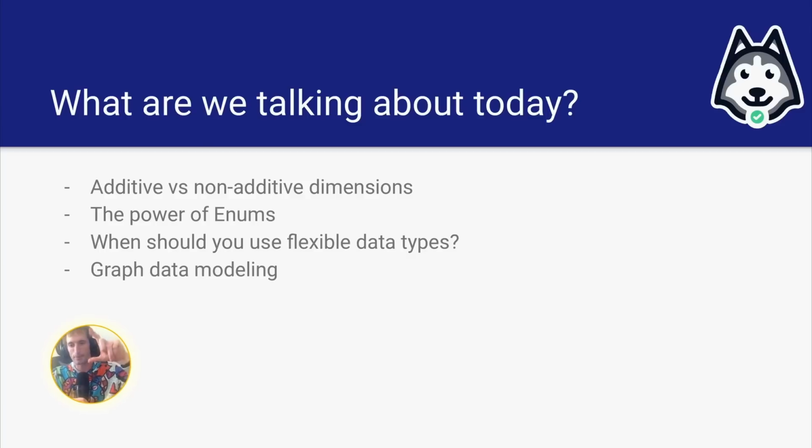Whereas map can have as many keys and values as you want. A lot of times map string is a very powerful thing because it's agnostic and you can create all sorts of interesting data with that. We're going to go deeper into all of these topics, so don't worry about it. But first off, let's get into additive versus non-additive dimensions.